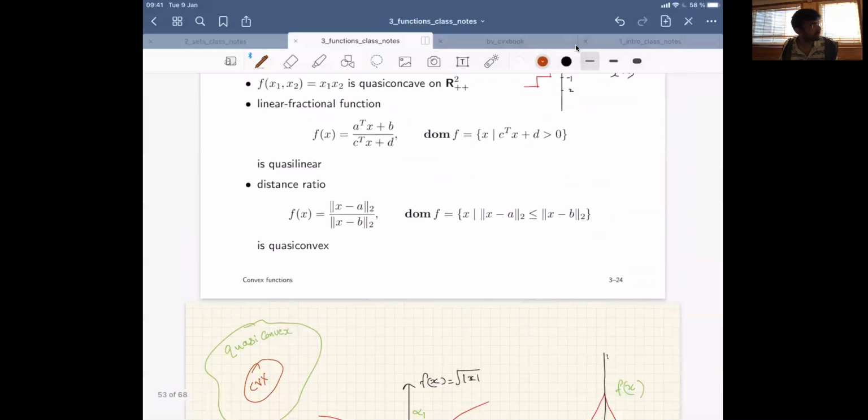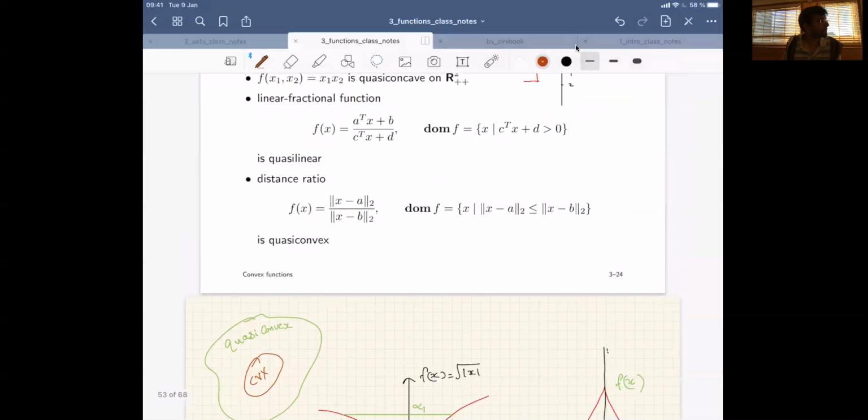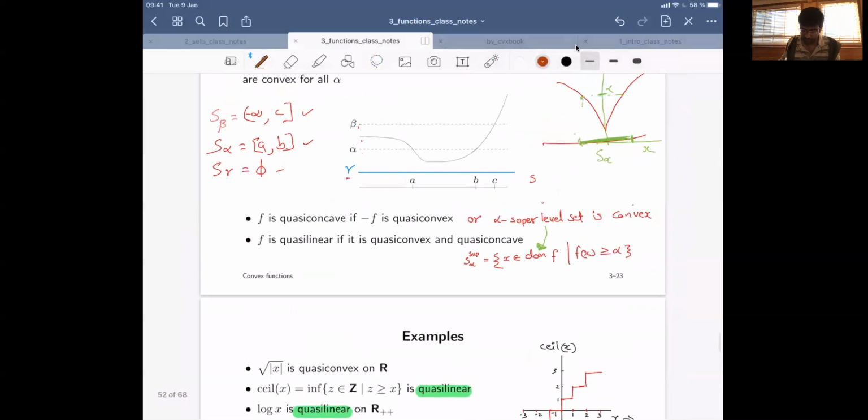Now we're looking for a function that is both quasi-convex and quasi-concave, quasi-linear. Can you guess one?